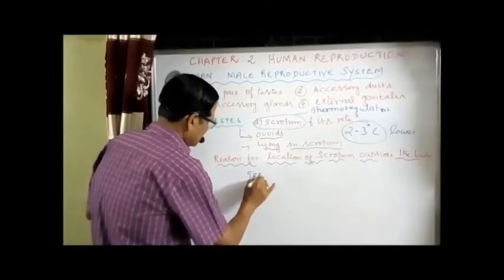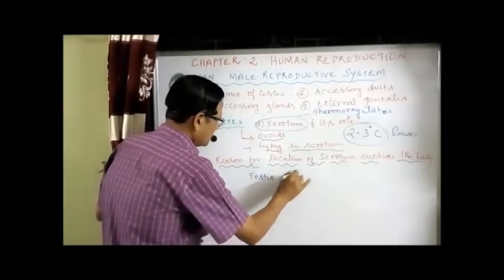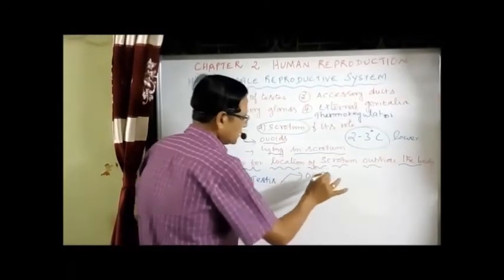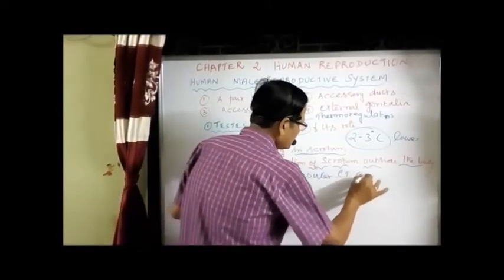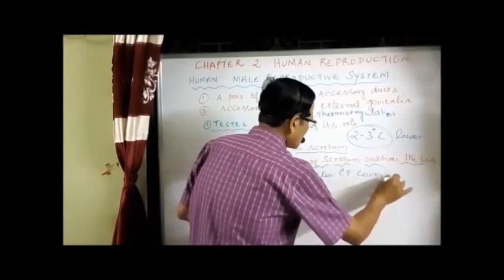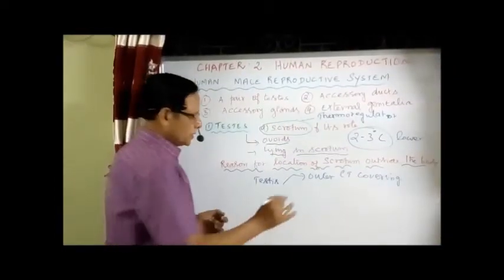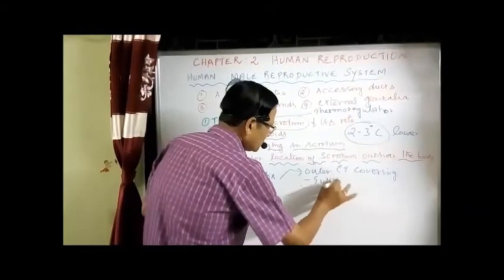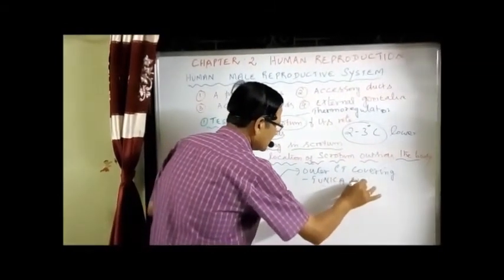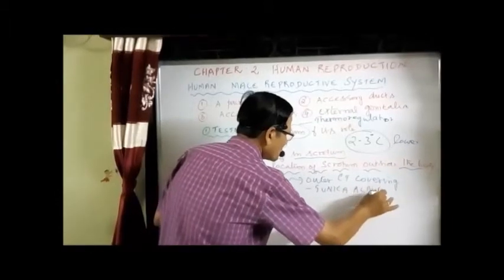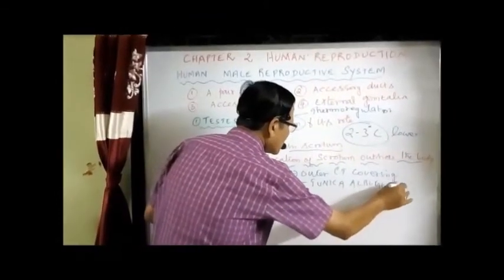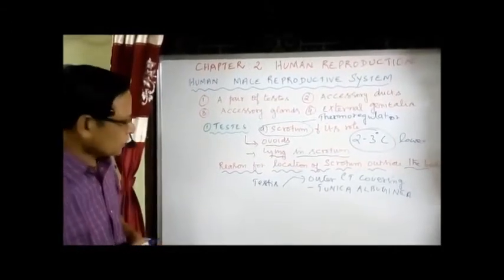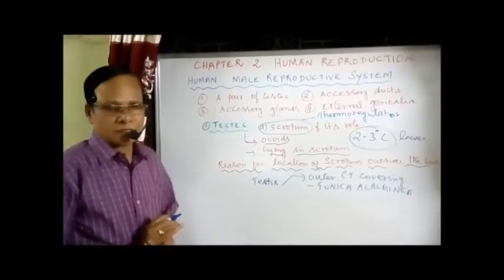Each testis has an outer connective tissue covering called the tunica albuginea, which encloses the testis.